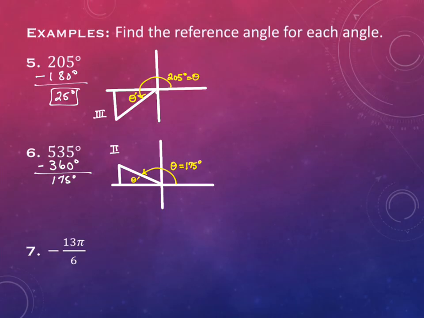So what would I need to do to find theta prime? Yeah, so this time instead of doing my angle minus 180, I'm going to do 180 minus the angle 175. And if I do that, I get 5 degrees.